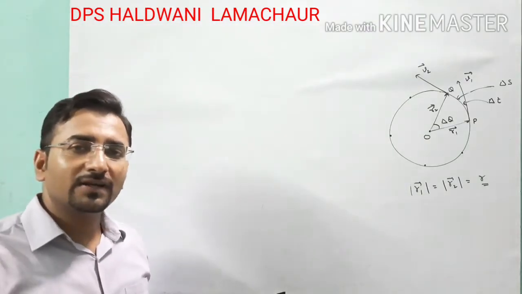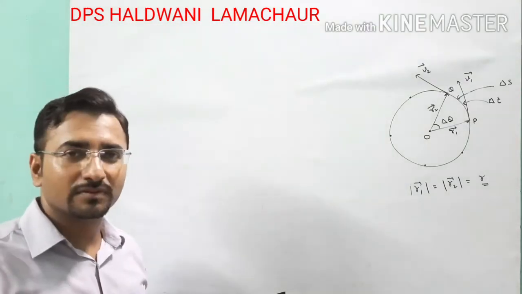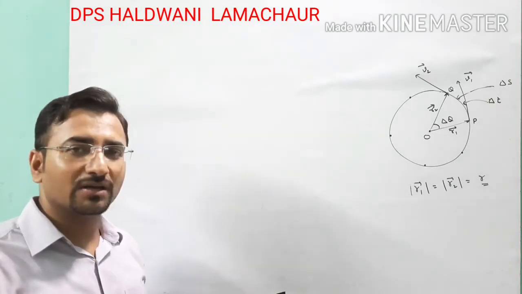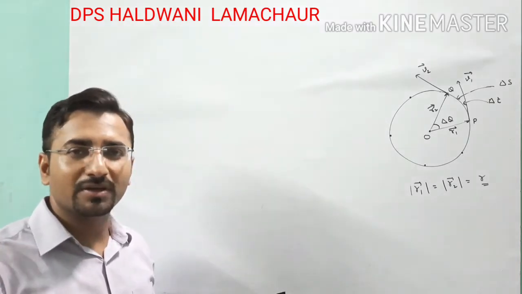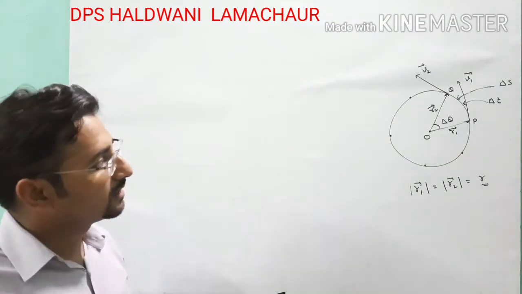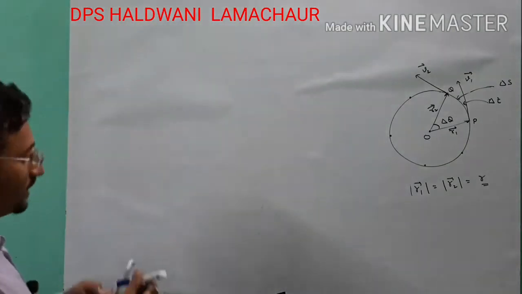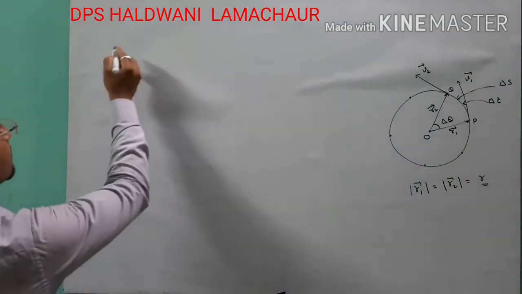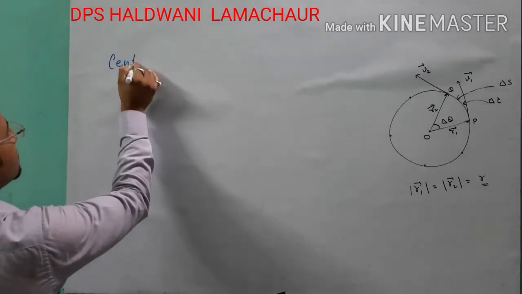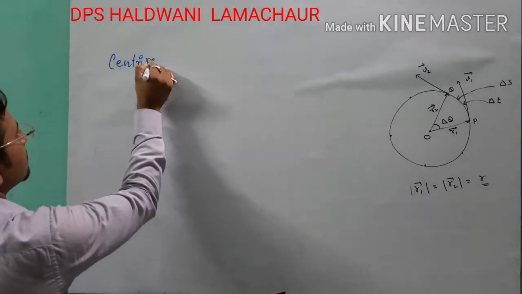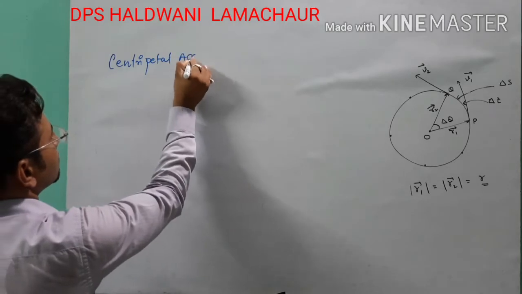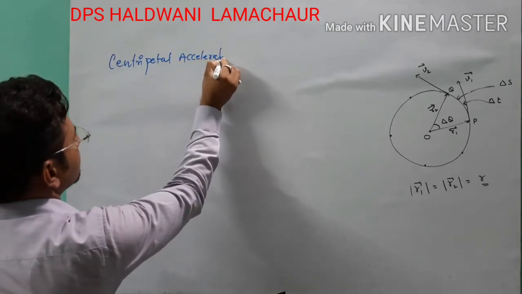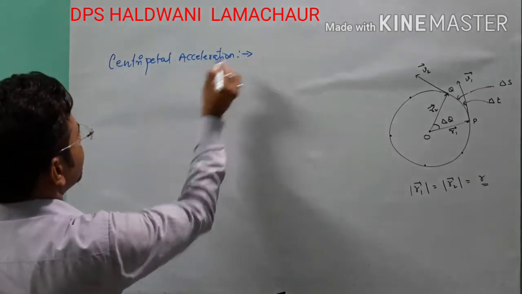Now students, after the discussion of some initial topics and the relation between time period and frequency, here I will discuss the next topic, which is centripetal acceleration. Point clear?